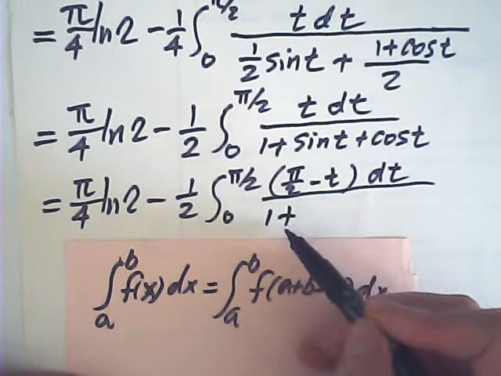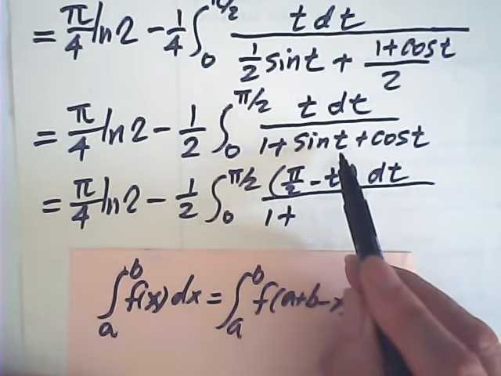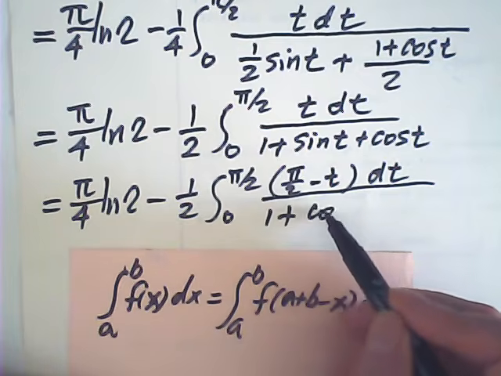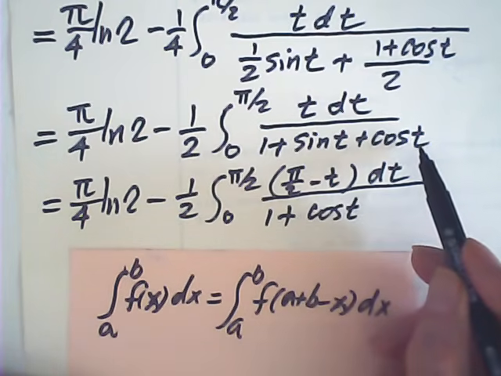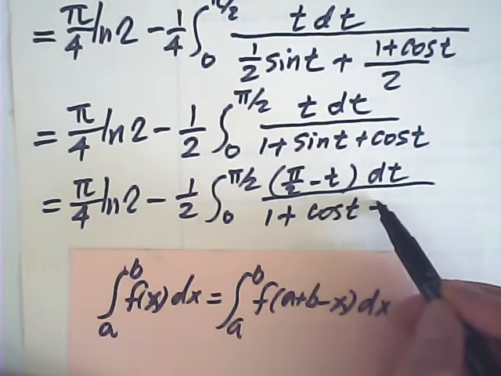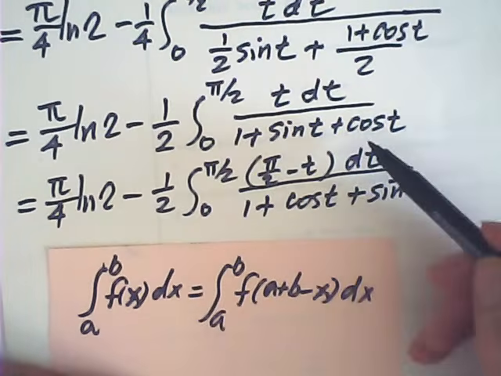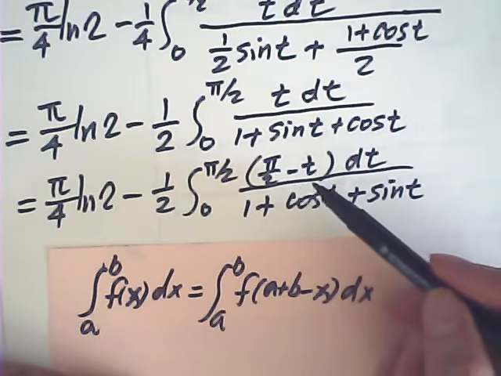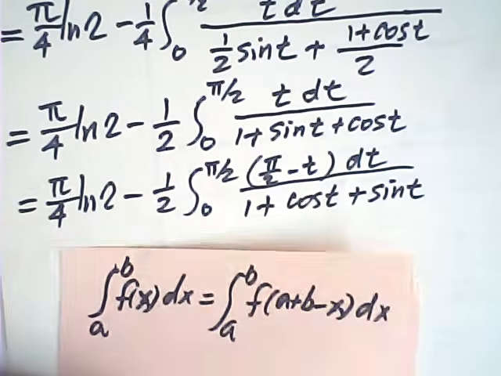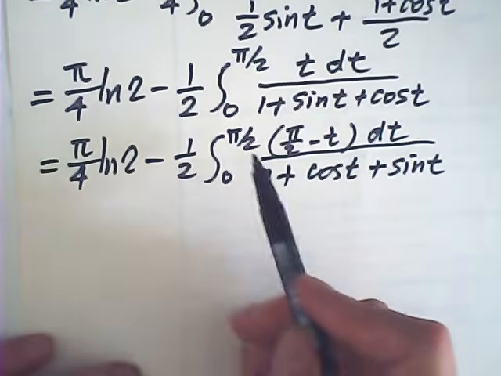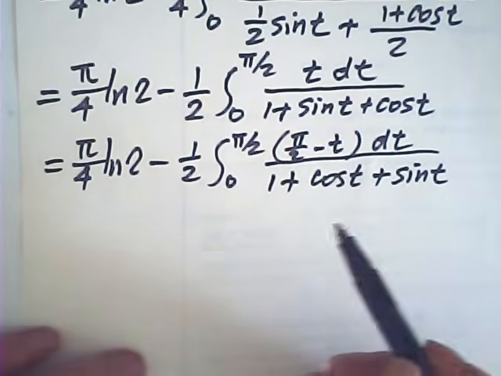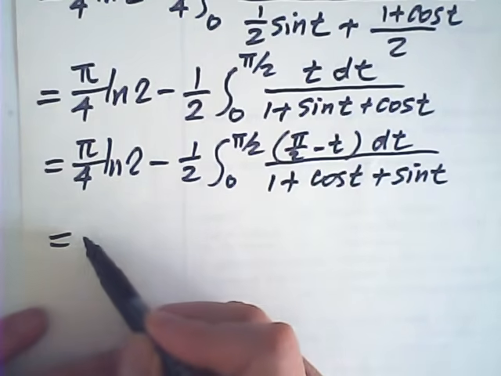This will be 1 plus cosine of half pi minus t, and sine of half pi minus t. So actually the denominator is not changed. The numerator is changed, but not the denominator.